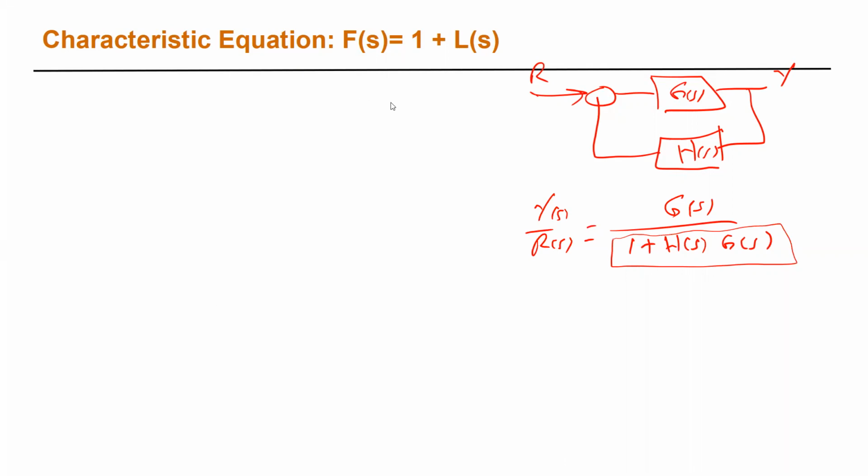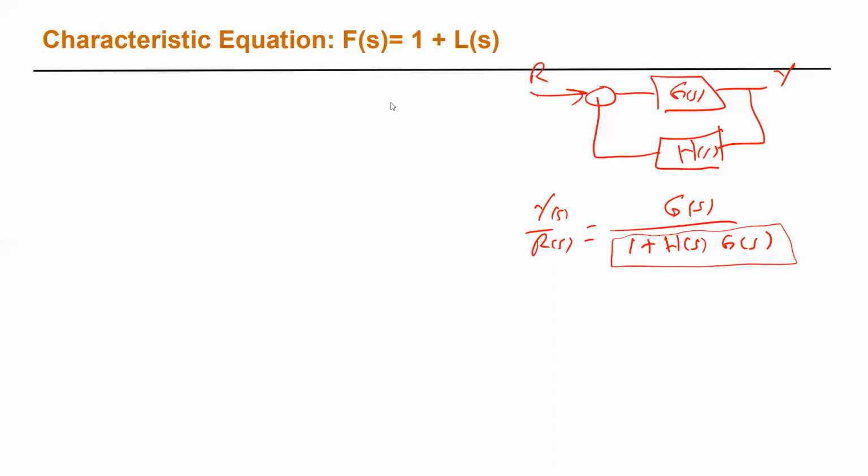Okay. What is the relationship between the zeros of the characteristic equation and the poles of the closed loop system? Are you with us? Yes, yes. Ahmed?